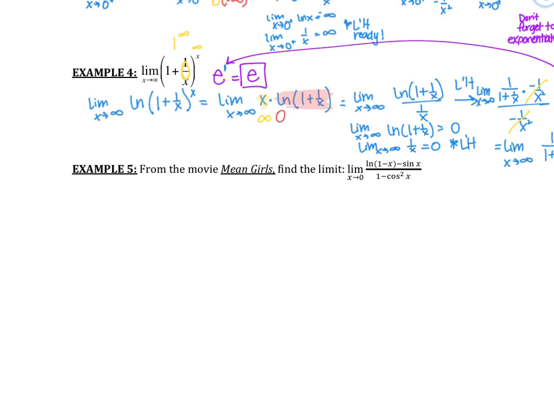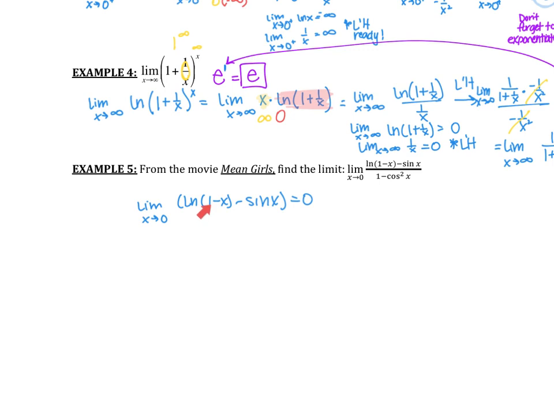All right, how'd we do? Okay, let's try it. First thing we should check is, can we plug 0 in? What we see when we plug 0 in is that the limit as x approaches 0 of the natural log of 1 minus x minus sine of x is 0.